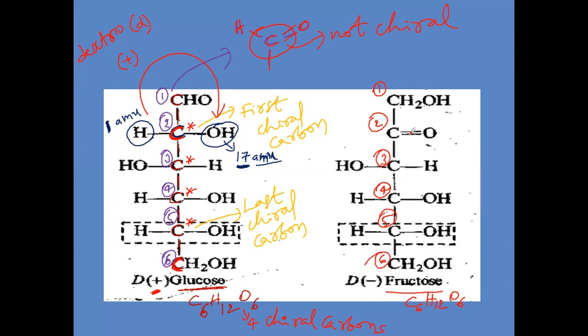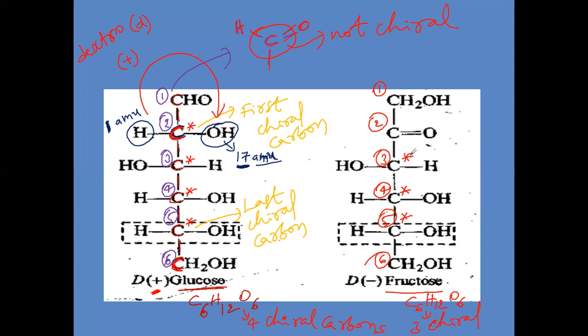A double bonded carbon cannot be chiral. The first one is also not chiral, because the two hydrogens are the same. So it is first chiral, second chiral, third chiral. How many chiral carbons in fructose? 3 chiral carbon atoms are available here.